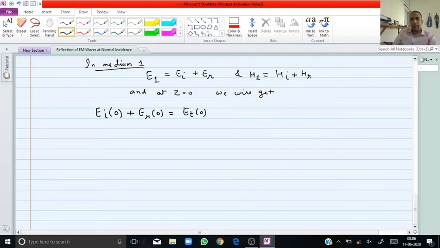And at this condition, the total wave present in medium 1 will be equal to the total wave present in medium 2.